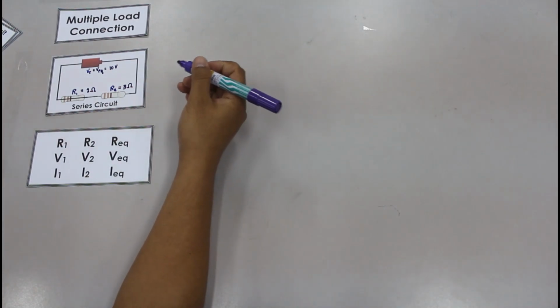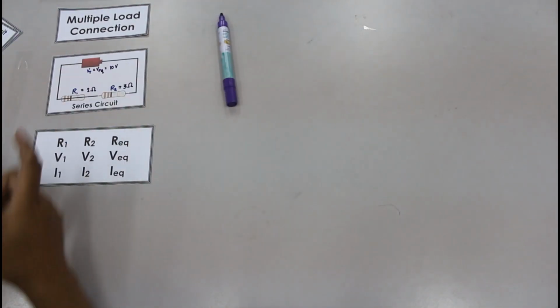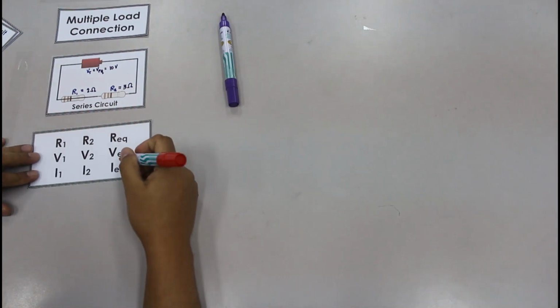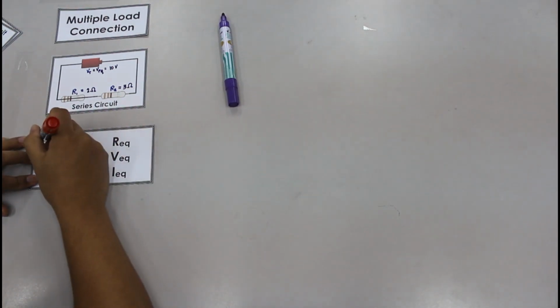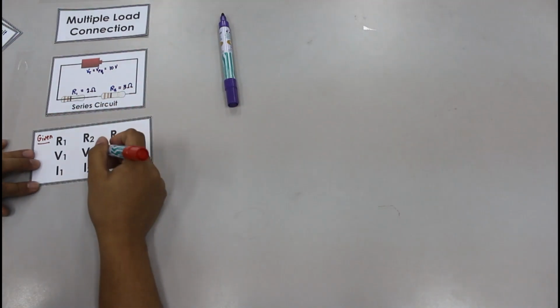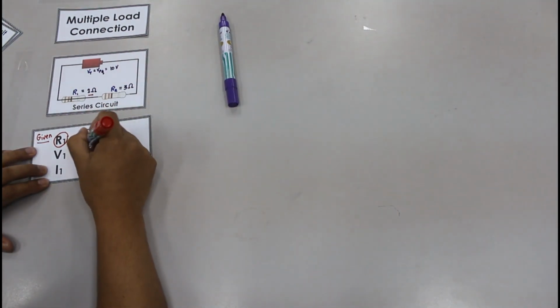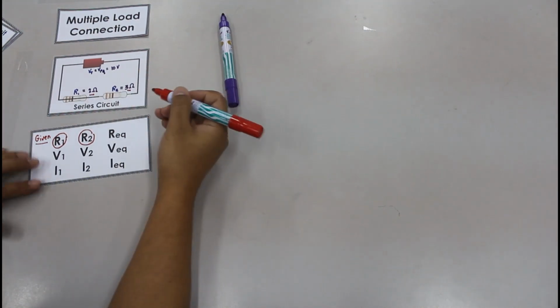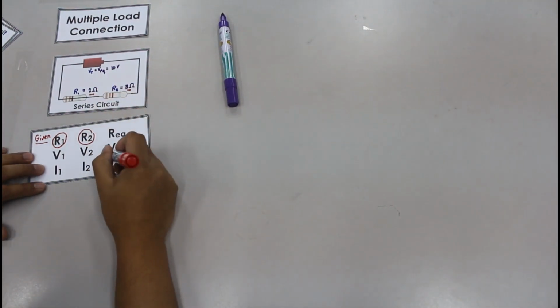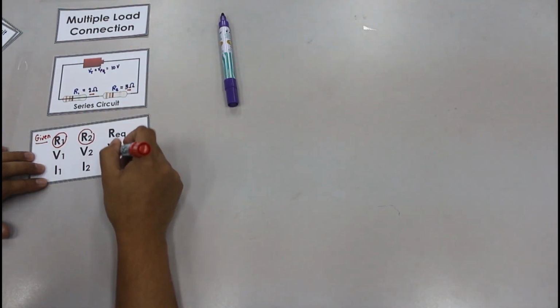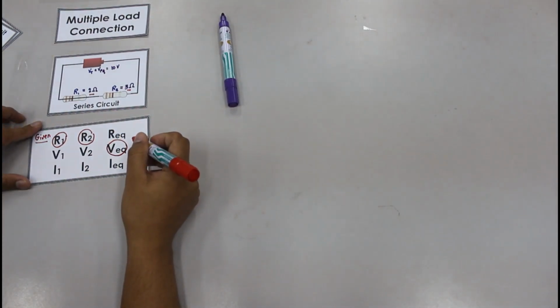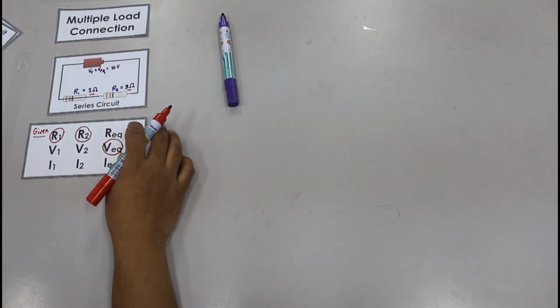First, let's consider what are the given in the problem. We know that there are 3 that are given in the problem. We are given R1, which is 2 ohms, R2, which is 3 ohms, and the equivalent voltage or voltage total, which is 10 volts. So since we're already familiar as to the given, we can start solving.